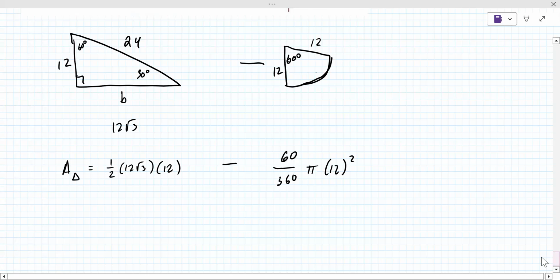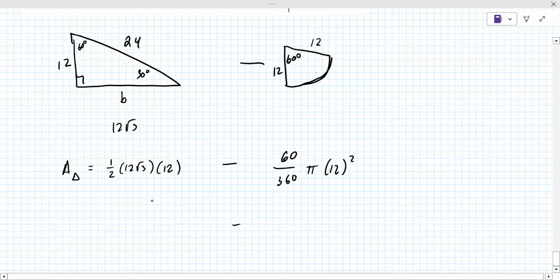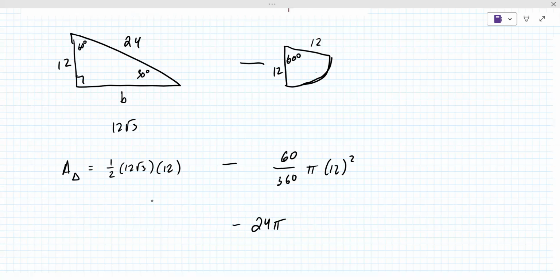Okay, so 144 divided by 6 is 24, so that's 24 pi. And then what about on the left there? That would just be 144 divided by 2, just 72 root 3.